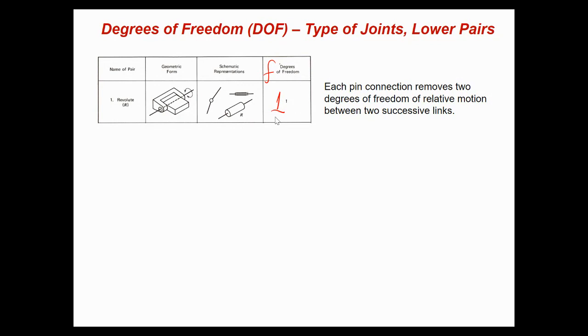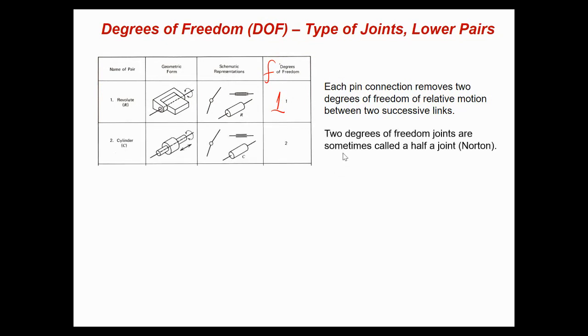Okay, as one of your friends said, if the other link is fixed, it allows 1 degree of freedom to the other link. That's why we call the degree of freedom of that revolute joint 1. The cylindrical joint, this is another one. Cylindrical joint allows 2 degrees of freedom to the connected link. This is a 2 degree of freedom joint, in which case you have a prismatic joint, but also a possible rotation there.